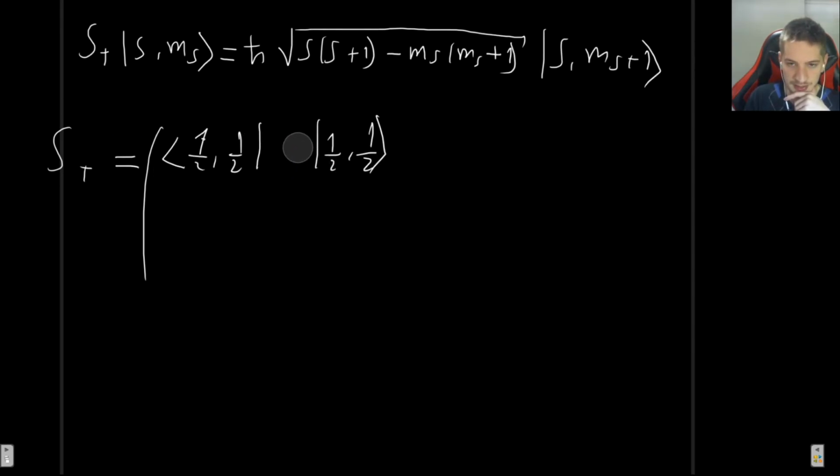What we are going to get is going to be, well, this whole thing, which is h bar square root of, that's going to be 3/4 minus, and then we have 1 half, 3 halves, right? Did I do that correctly?